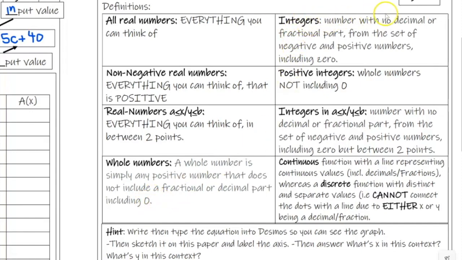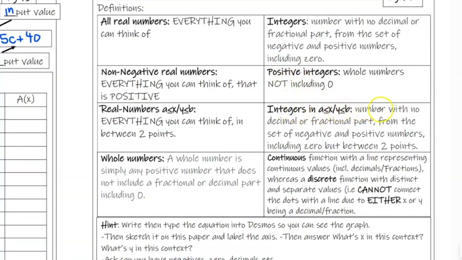Integers, however, also have no decimals or fractionals, but they can be negative as well as positive and also include 0. So basically, whole numbers are 0, 1, 2, 3, 4, whereas integers are negative 4, negative 3, negative 2, negative 1, 0, 1, 2, 3. So they have the negative piece attached. If I say positive integers, I'm really talking about whole numbers, but I don't include 0 because 0 is neither positive nor negative, so it'd be 1, 2, 3, 4.